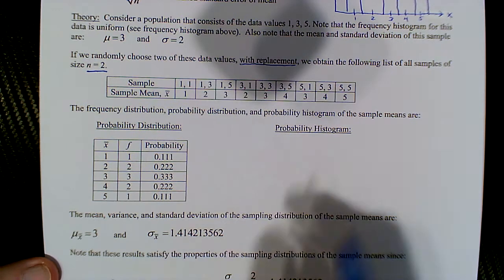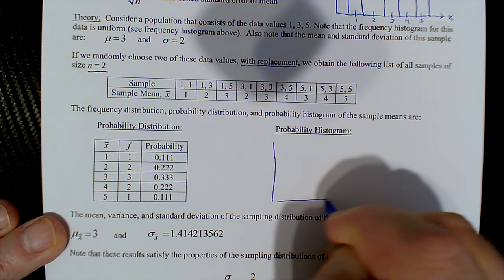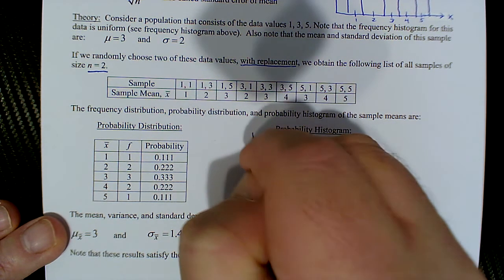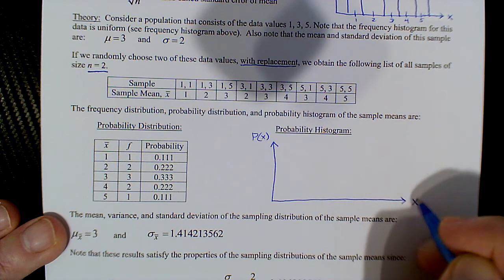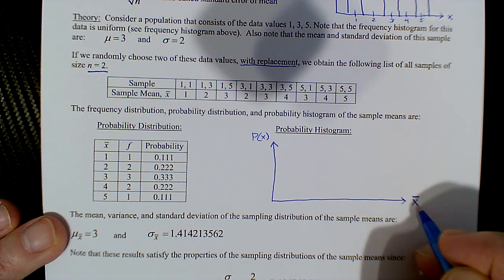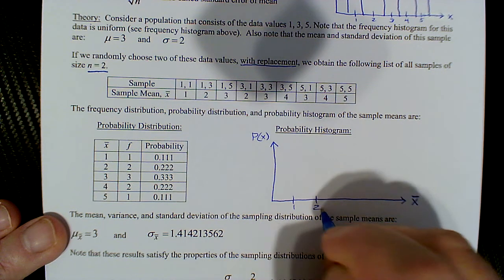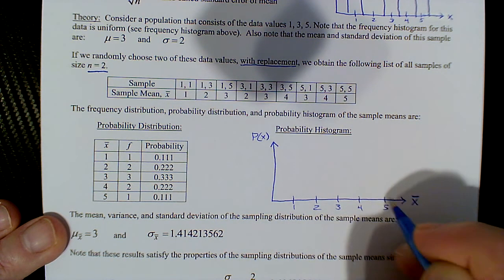What does the histogram look like now? Actually, we'll do a probability distribution. We'll do P of x bar, because they're the means of the samples. And now let's say 1, 2, 3, 4, and 5.